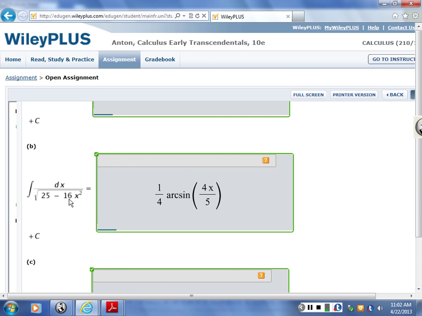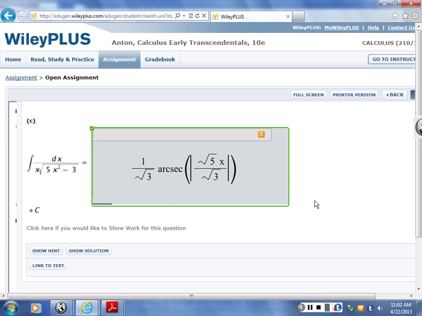So 4x would be your U, so your du is 4 dx. So you need a 1/4 out front to manipulate that, right? Because if I write a 4 in here, then I have a 1/4 to pull through.